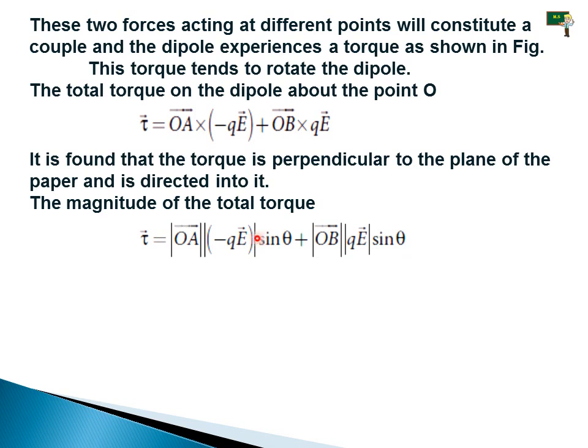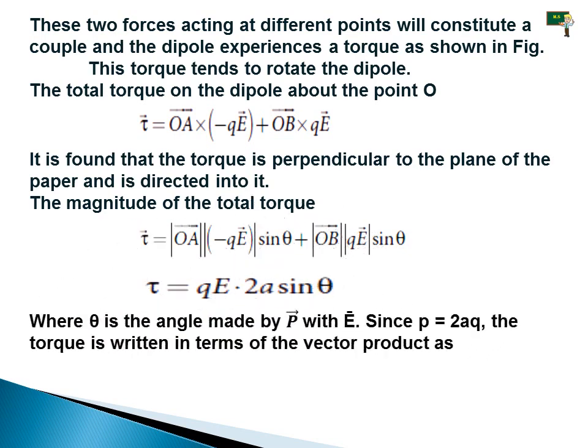While using this modulus, we can neglect the minus symbol, so we get tau is equal to qE into 2a sin theta. Here theta is the angle made by P vector with E vector.